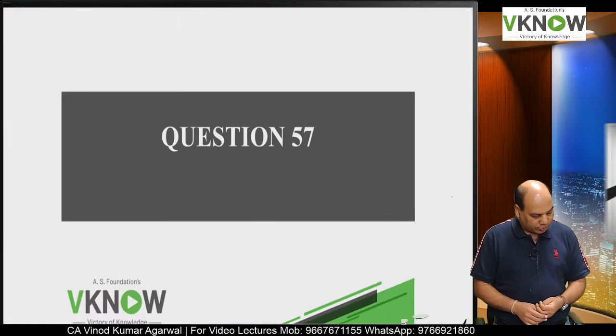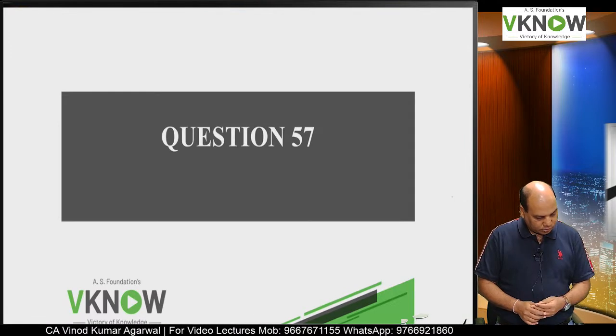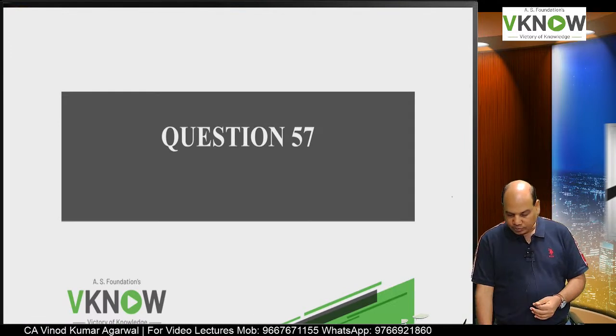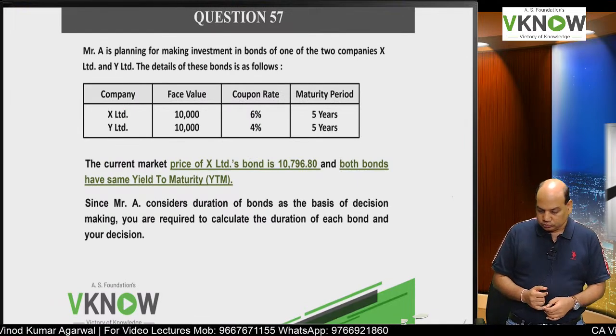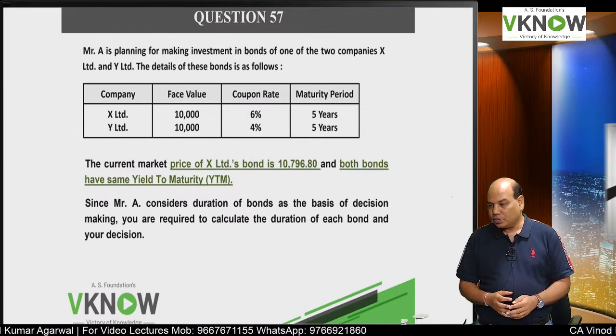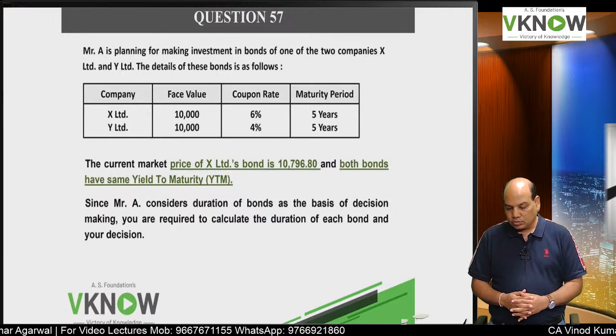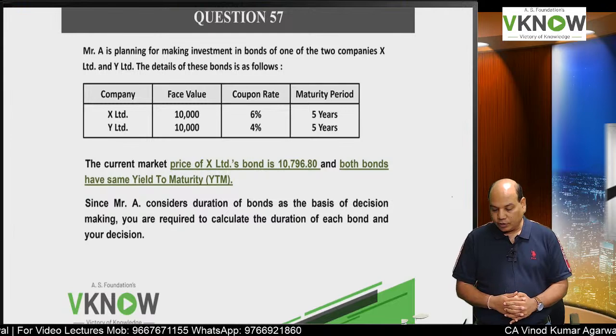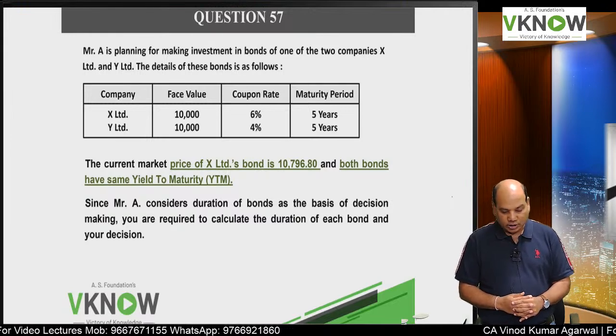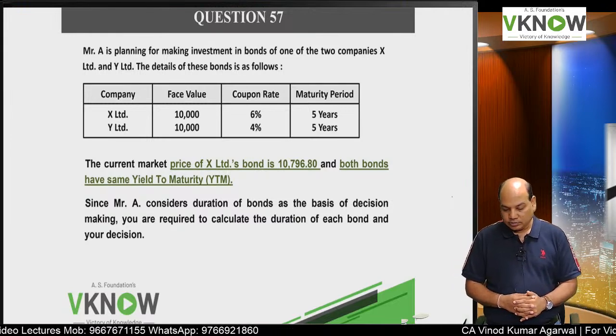Come to question number 57. Mr. A is planning for making investment in bonds of one of the two companies, X Limited and Y Limited.